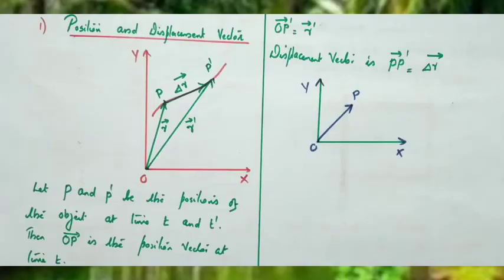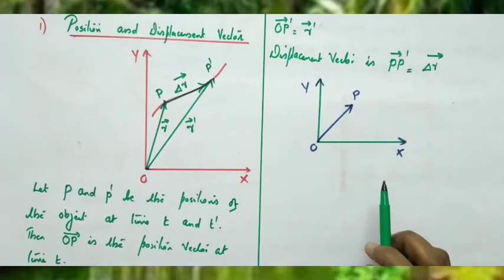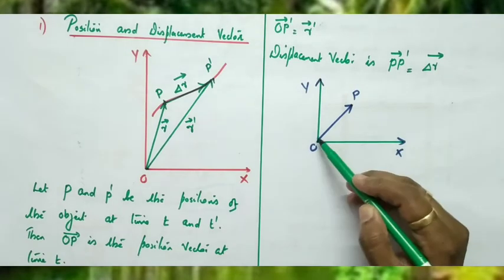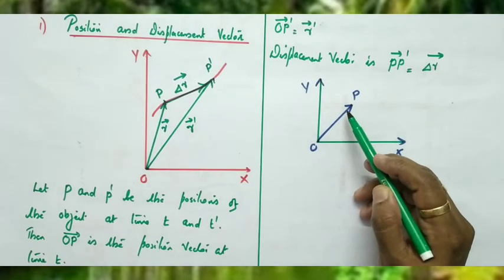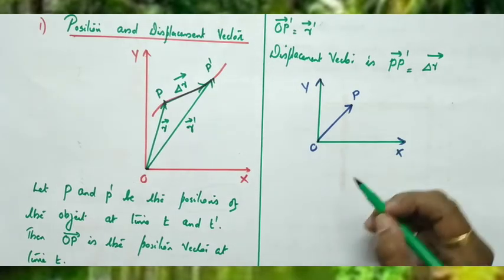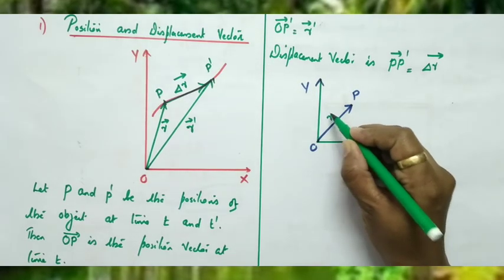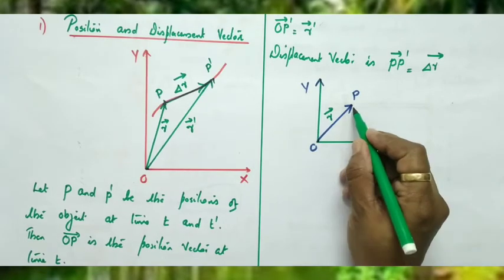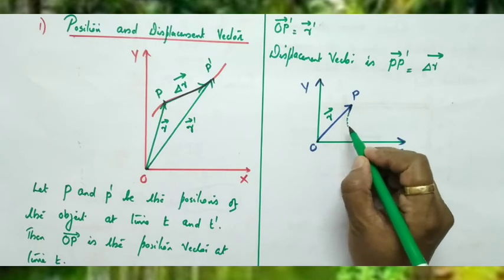Now we can see how we will represent the position vector in resolved form. Let P be the position of the object. OP represents the position vector, isn't it? Now the position vector, we know, is represented by vector R. Now how will you represent this position vector in resolved form? Here this is its x component.